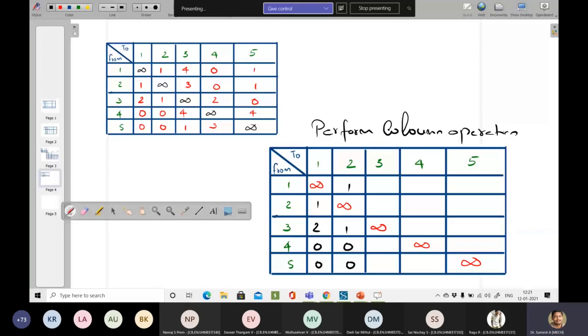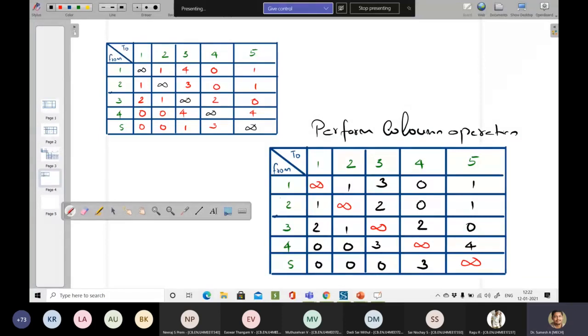Next also no change: 0, 0, 2 and 3. Next one also no change: 1, 1, 0, 4. So we have performed both the row operation and the column operation. This is what we have got as the results.